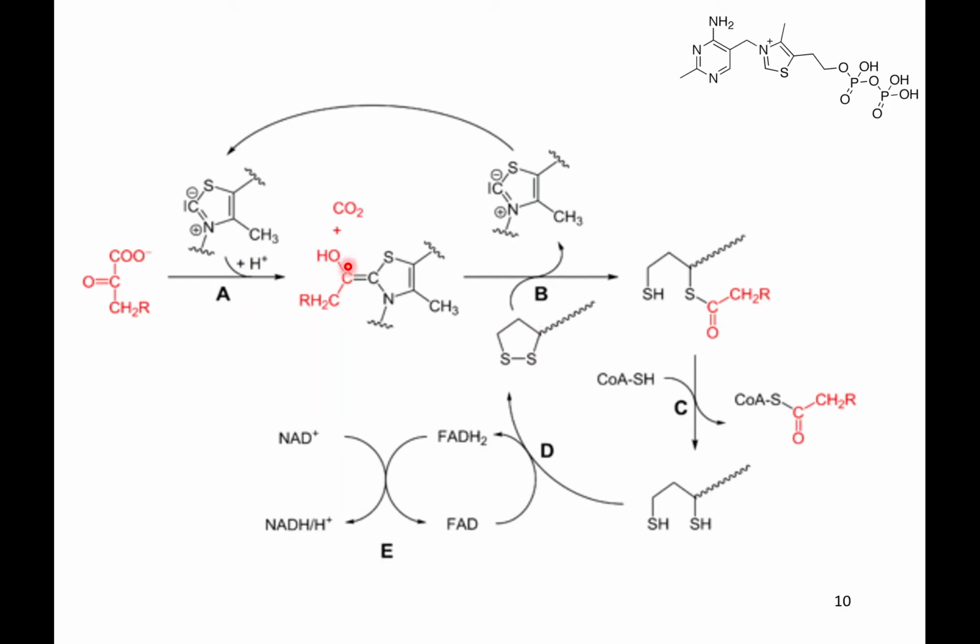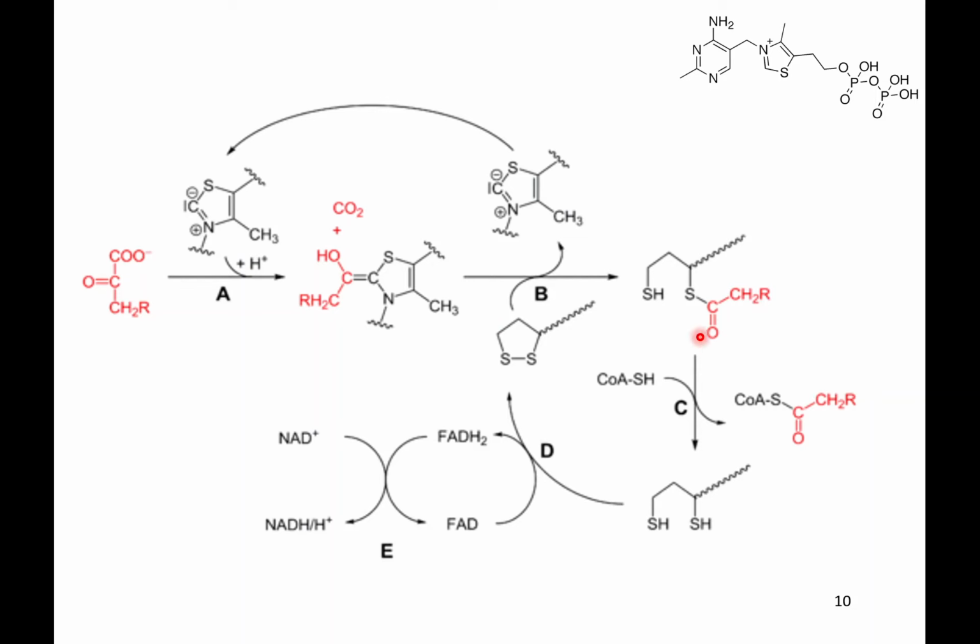So it just transfers from TPP to lipoic acid. In doing that, lipoic acid connects these two carbons with coenzyme A, and that leaves as the product. So that's what we call acetyl-CoA. There's an acetyl group attached to coenzyme A.